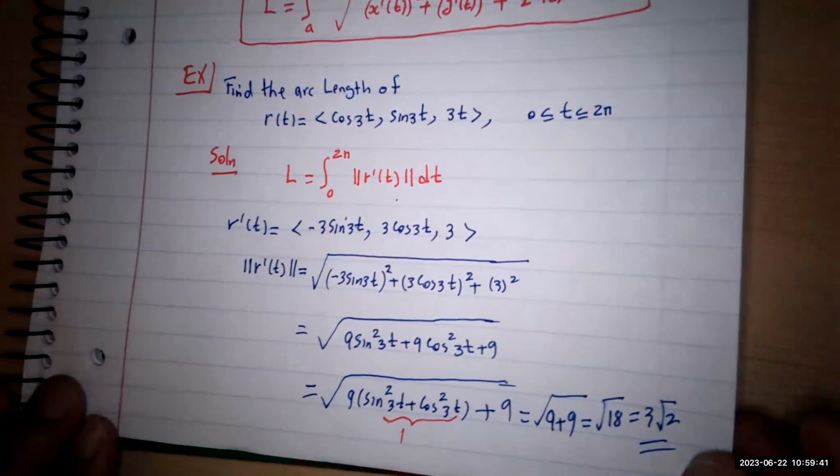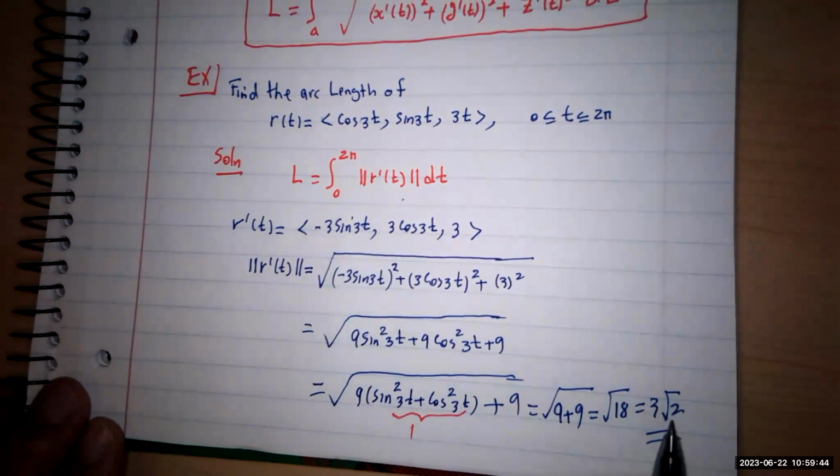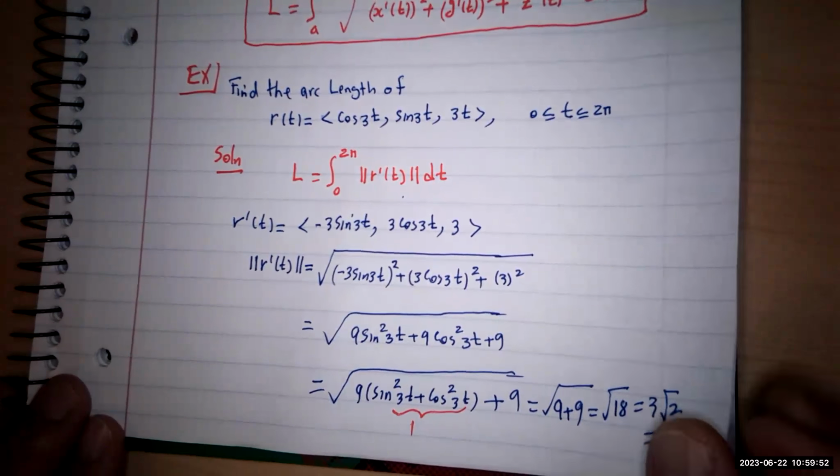Okay, so put it inside this formula. 0 to pi would be just 2 pi times this one over here. I'll go to the next page to finish it. So my arc length L is going to be the integral from 0 to 2 pi of the speed, 3 radical 2, dt.